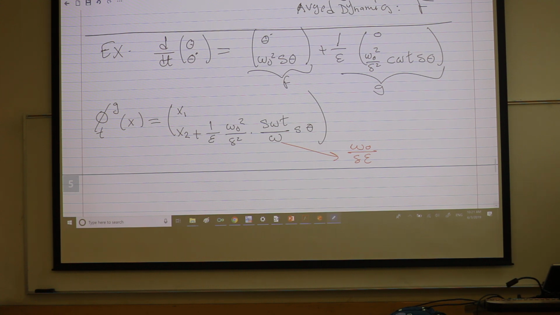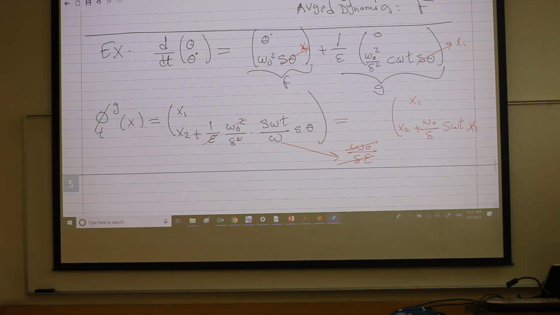So this is with this guy, this is with that guy. So we have here x1, x2 plus omega naught over delta sine omega t sine theta, sine x1. Yeah, sine x1. I will linearize for the sake of time, you can continue entirely non-linear, but I'll just linearize because we don't have time.